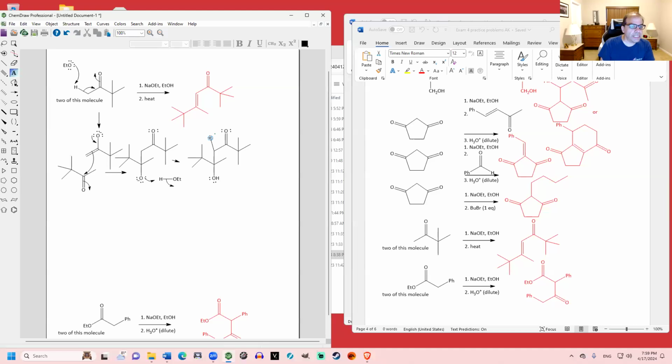And the dehydration starts by forming the enolate again, using the same base that we're given.